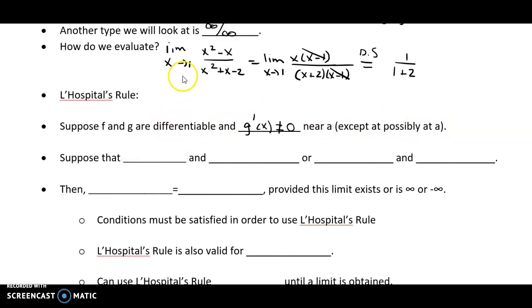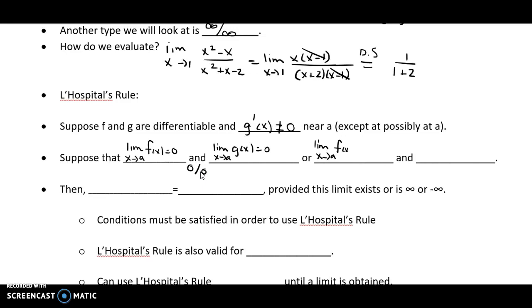Suppose that the limit as x approaches a of f of x equals 0 and the limit as x approaches a of g of x equals 0. If they both equal 0, you end up with the indeterminate form 0 over 0.